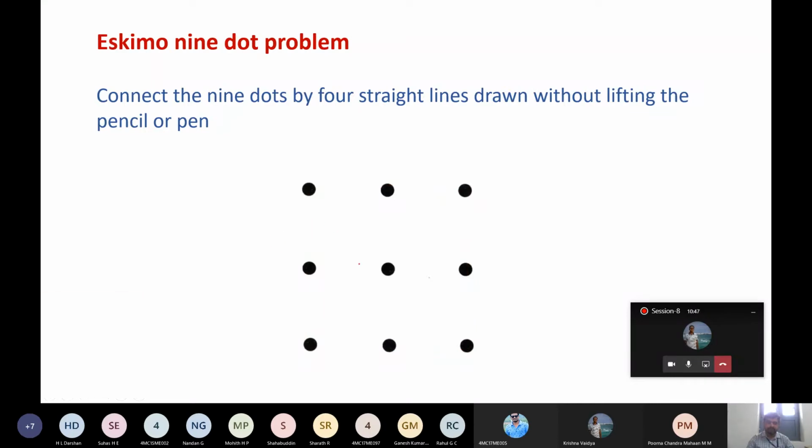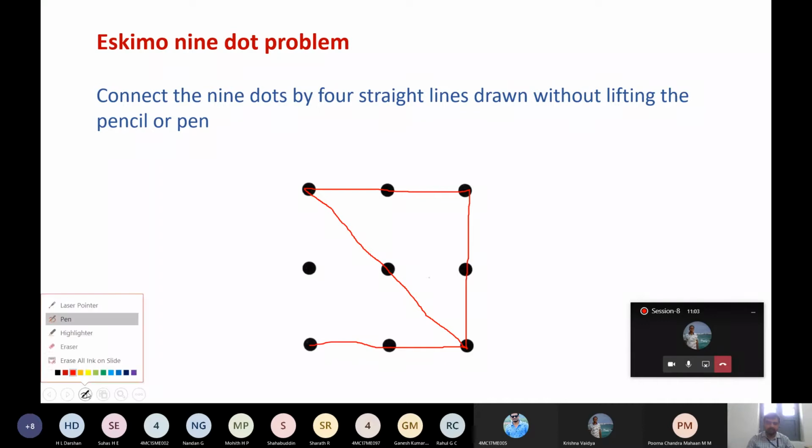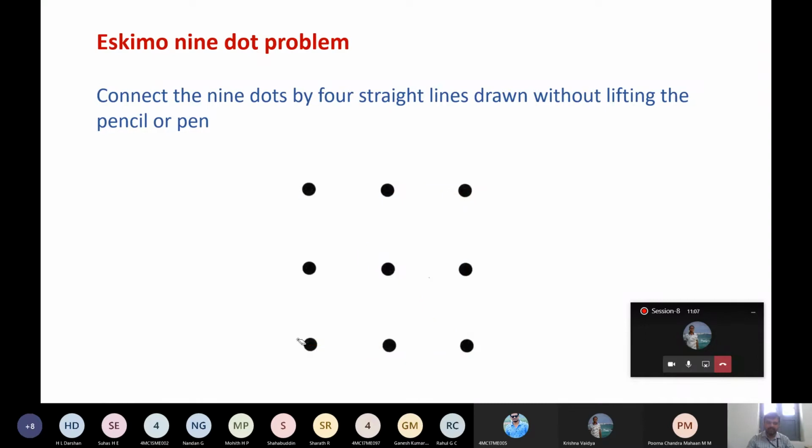If I try to connect like this, already 3 lines are used, this will be the fourth one, and again this point is left out. Like this you can try to connect in different ways.